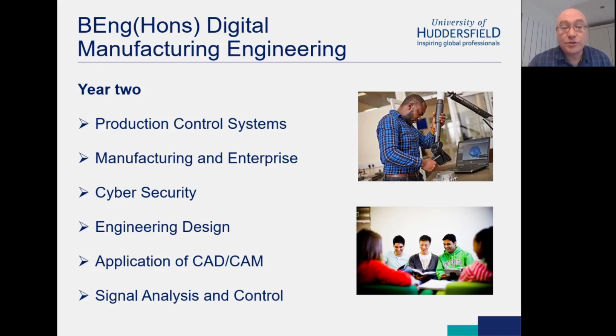So in particular, production control systems has been designed particularly to think about all of the aspects of digital manufacturing engineering that are needed. We also embed cybersecurity because of all that data flow. If we are going to change the world, enabling us to gather all of this data and analyse it, we have to make sure that it is trusted. So cybersecurity issues are really important.